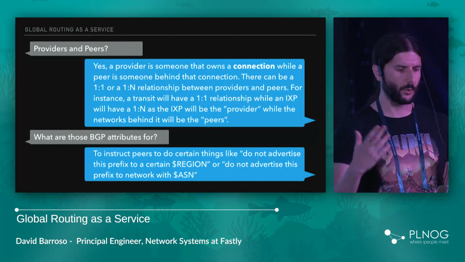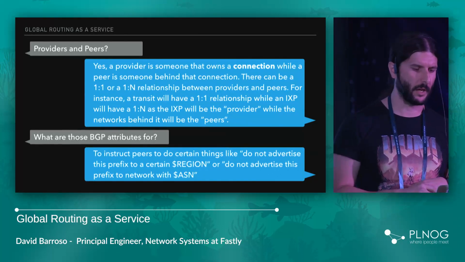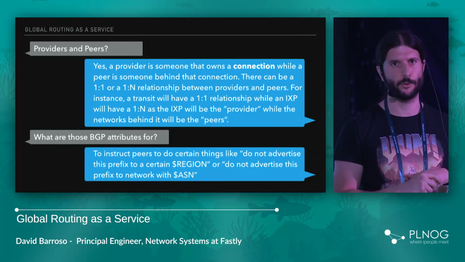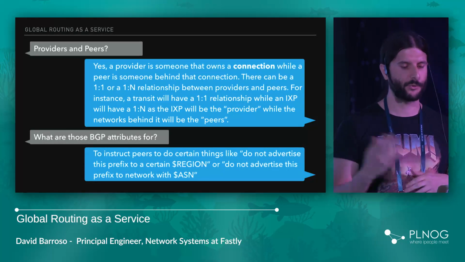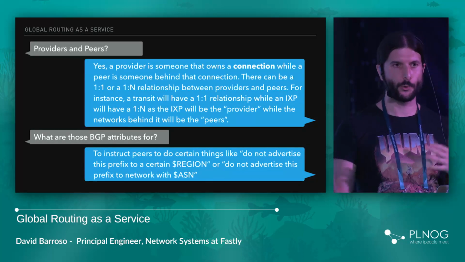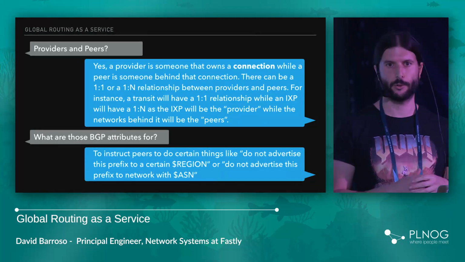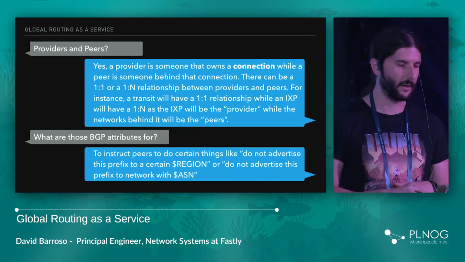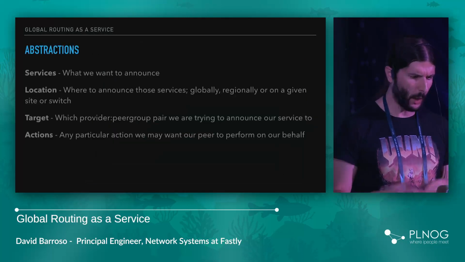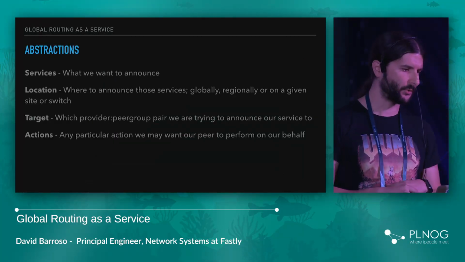And then finally, OK, what are those BGP attributes for? Well, attributes are mostly to signal our upstreams whether we want to do something or not. Yeah, do not advertise this prefix to Asia, or don't advertise it to this particular ASN. OK, so we have identified a few abstractions now.